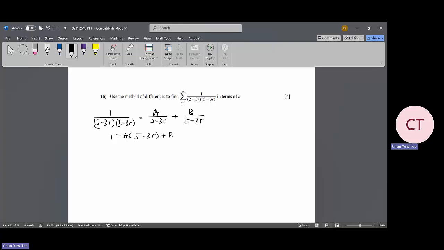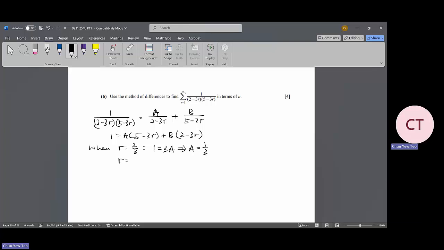And this 2 minus 3r. So when r is equal to 2 over 3, then you will get 1 equal to 3a, and your a is 1 over 3.